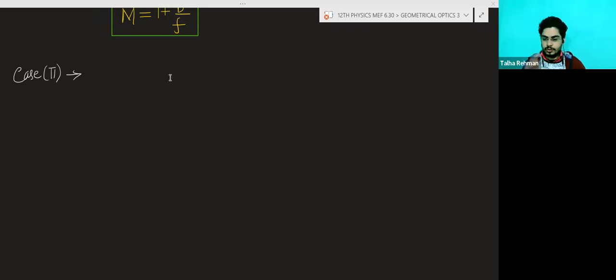So for the normal adjustment or the relaxed eye, the final image is formed at infinity.